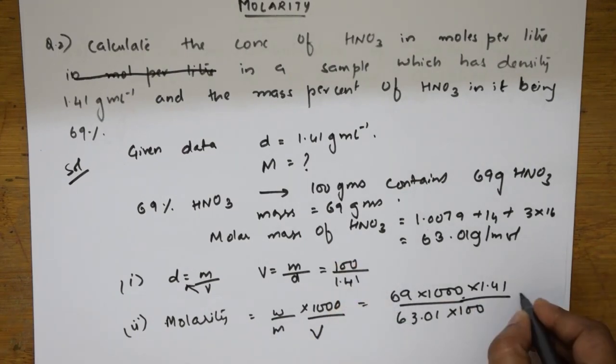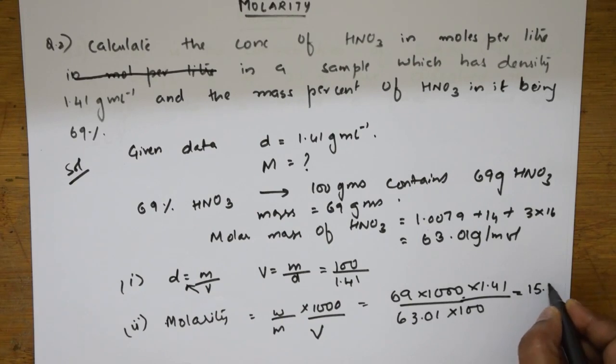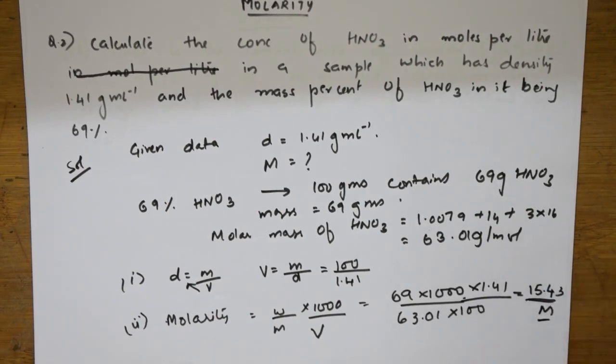When it goes, it becomes the reverse. When I solve this, I get an answer of 15.43 molar. This is the answer, right? Hope this is clear to you all. This is how you're going to do. First, see what data is given to you and see what to calculate, and after that write the formula and substitute in the formula.